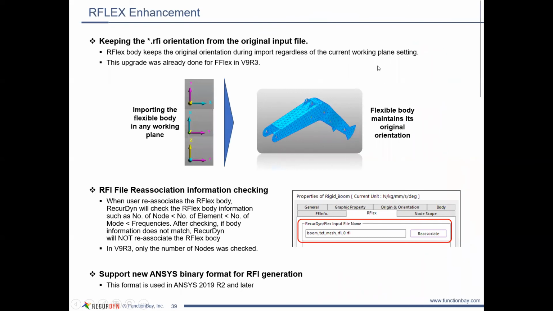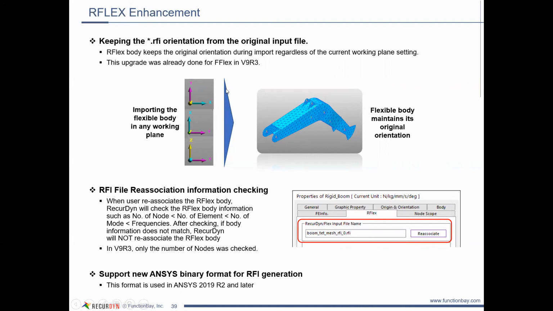Okay, another RFlex enhancement. With FFlex in the last release, we added the same type of enhancement; last release was FFlex, this release is RFlex. The enhancement is that when you import a body, it used to try to infer the orientation by looking at what orientation you were in.